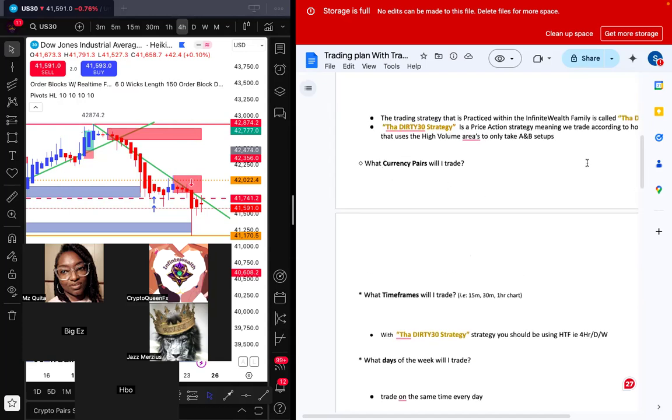What pairs are you trading? You don't have to trade every pair. You don't have to trade everything. Find what works for you, what pairs you trade, so that you're not all over the place, because you'll be able to study how one pair moves. If you commit to just trading one pair, you'll know how it moves and what things move it. You'll be able to go back and study how it moves in accordance to the different time frames and different days.